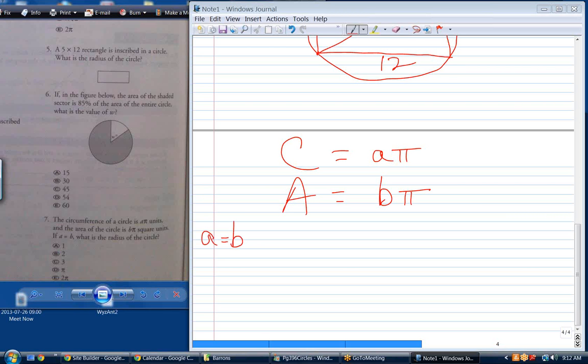So let's see, A pi equals B pi? No, because they're not saying the circumference is equal to the area. Just saying the constant A is equal to B. In other words, the coefficient here is the same as the coefficient here.